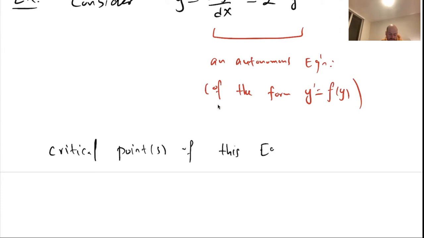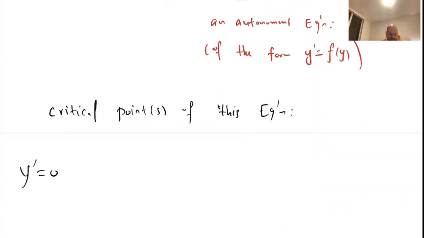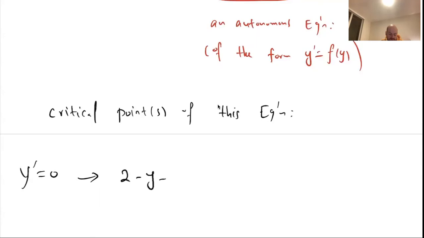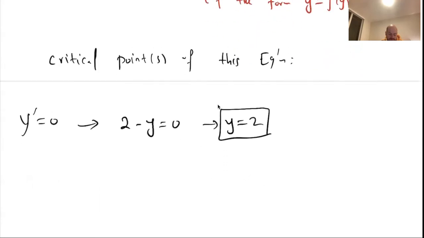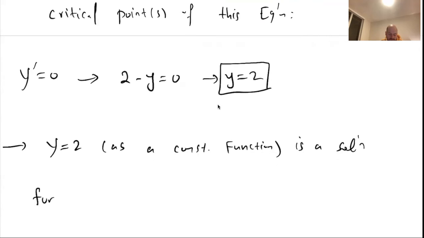What should I do for the critical points? I have to set y prime equals 0, which is what you learned in Math 113. And then that means 2 minus y equals 0. That gives me y equals 2. I have only one critical point. So that means y equals 2 as a constant function is a solution for y prime equals 2 minus y.